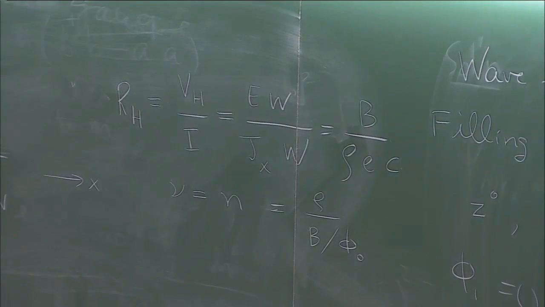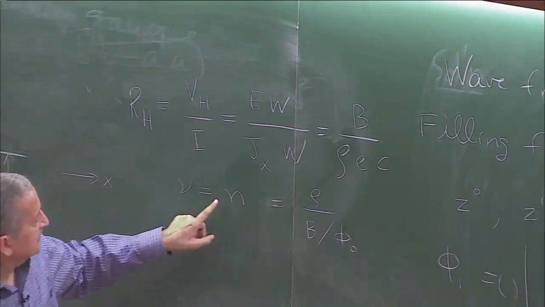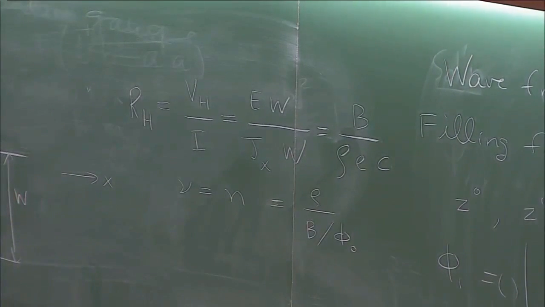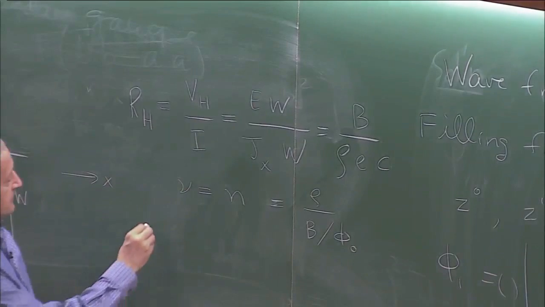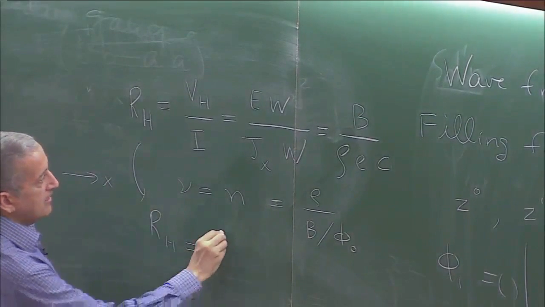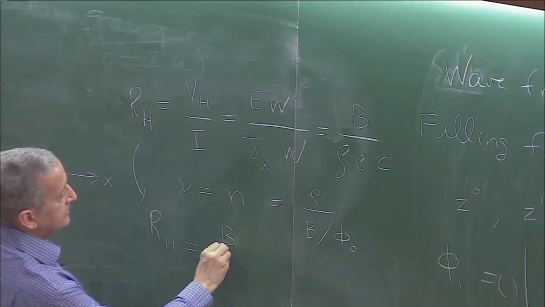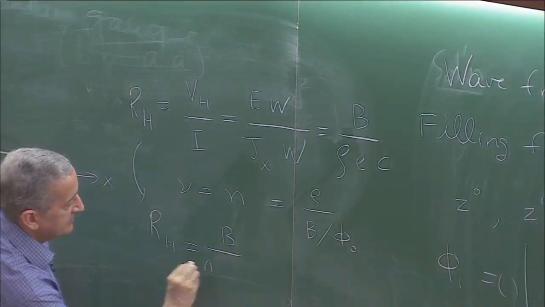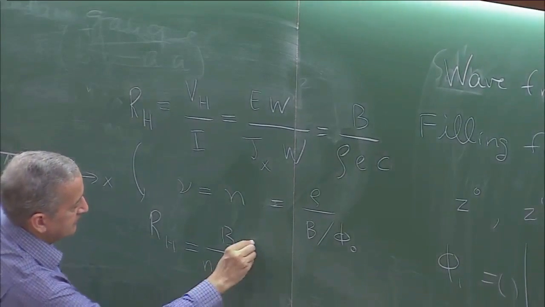So what I'm going to do is for rho, I'm going to substitute this equation in the first equation. So Hall resistance from here is B divided by rho. So for rho, I'm going to put N D over phi naught.